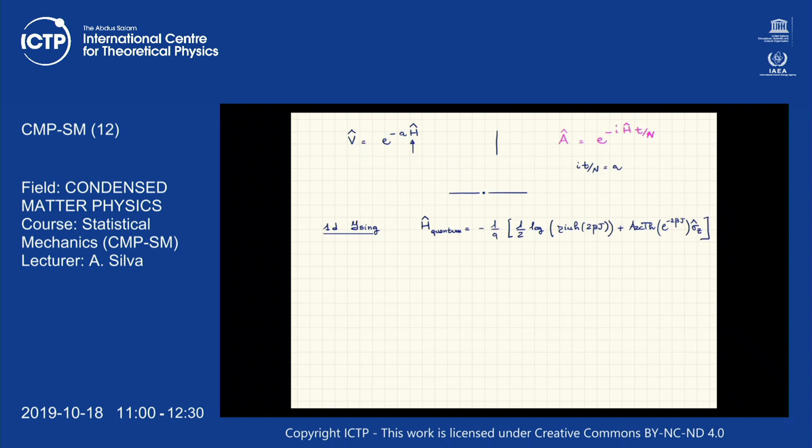So it's just the Hamiltonian of a single quantum mechanical spin in a magnetic field.